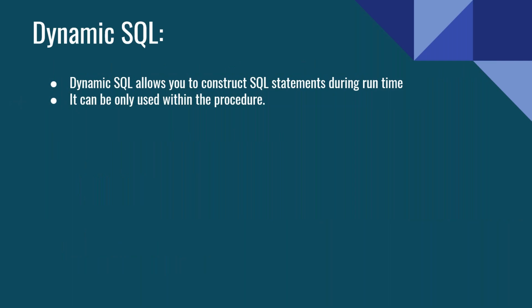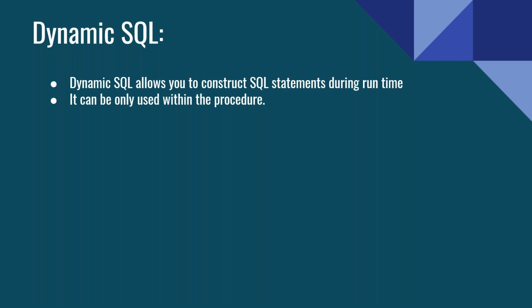What does it mean? So far we are writing SQL statements manually, like if you want to do a select on a particular table or if you want to do a join. You are manually writing, right? Suppose in real time, you want to have a SQL query dynamically generated.